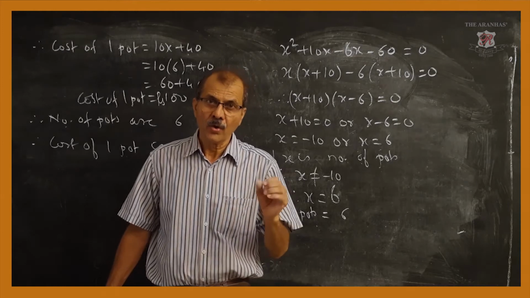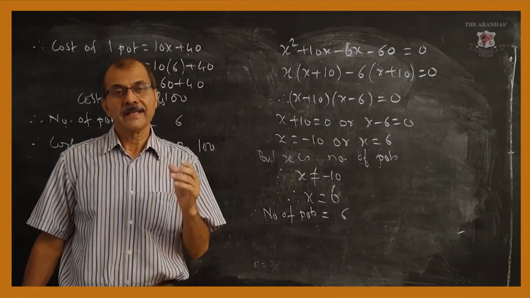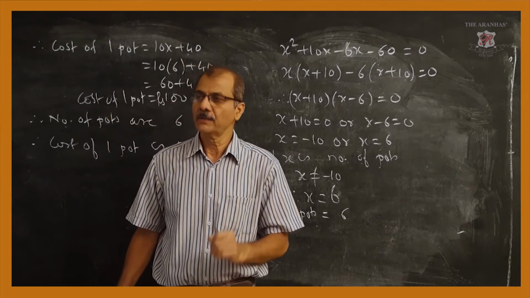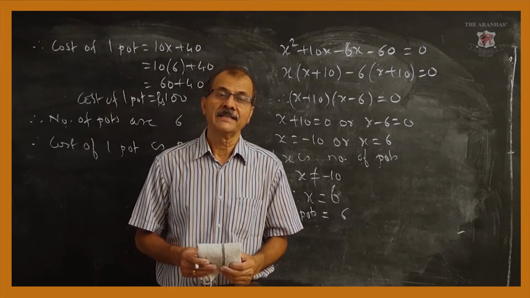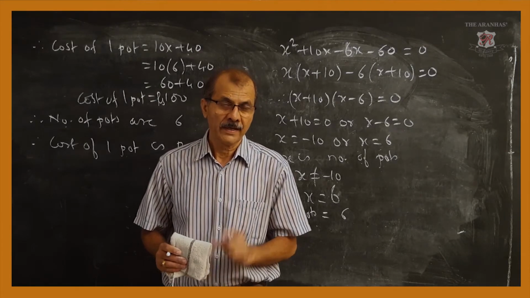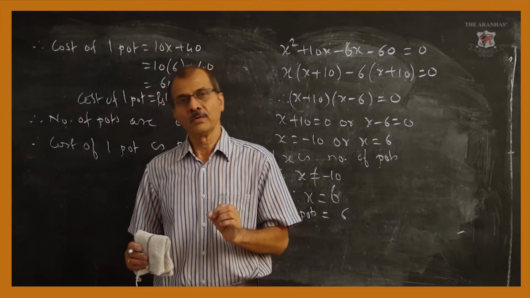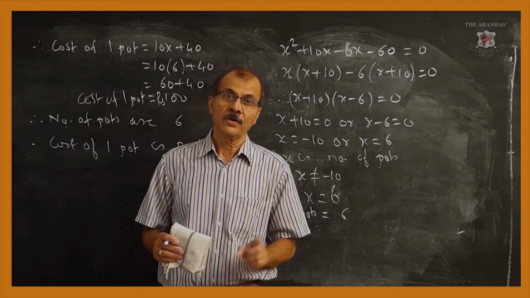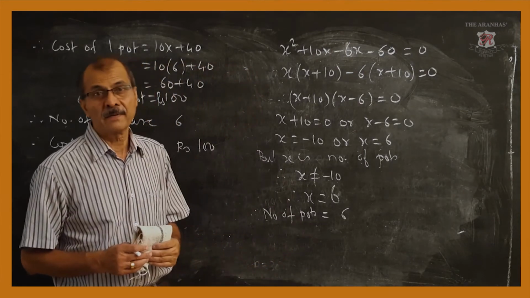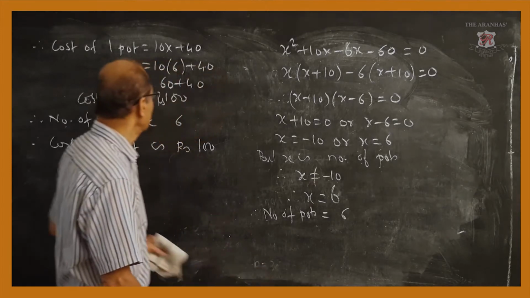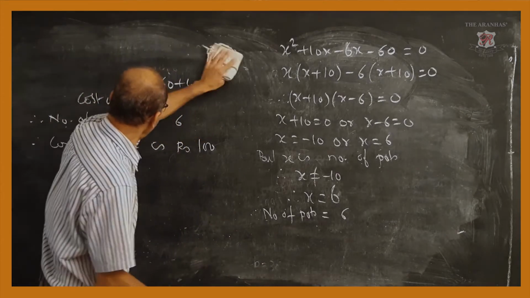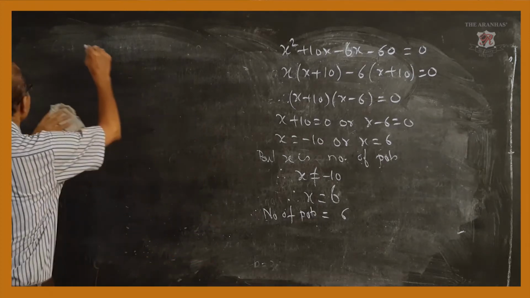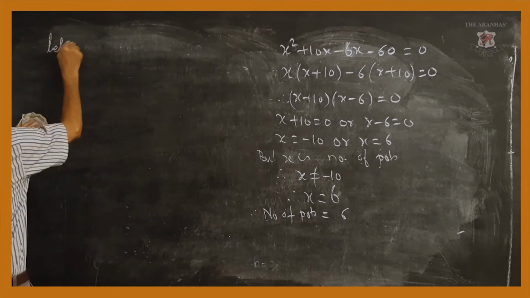So here the quotient is expressed in terms of the divisor, so you have to assume that the divisor is x. Is that clear? What to take as x? Divisor to be taken as x, because the quotient has been expressed in terms of the divisor. So here, let the divisor be x.